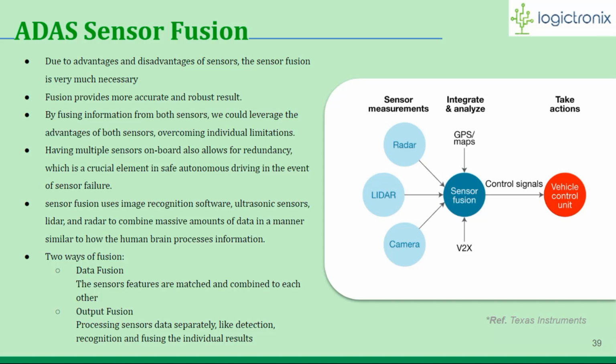Okay, sensor fusion uses image recognition software, ultrasonic sensor, LiDAR, and radar to combine massive amounts of data in a manner similar to how the human brain processes information. So fusion can be done in two ways. That is data fusion, where sensor features are meshed and combined with each other, and output fusion, where the sensor data is processed separately, like detection and recognition, and the individual results are fused.